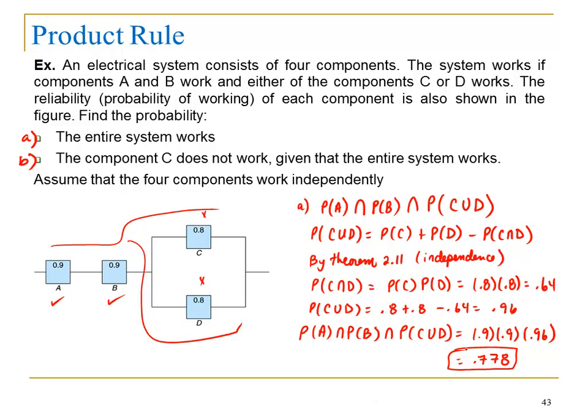So the complement, 0.2, is the probability that the component is not going to work. So let me put this here. So B is going to be the probability of A intersection B intersection the complement of C and the intersection of D.